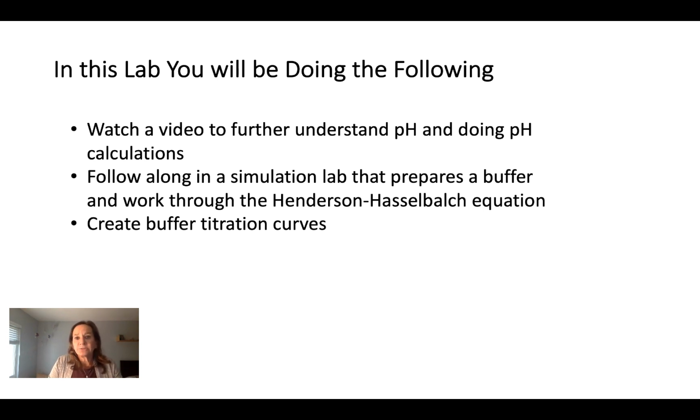In this simulation lab, you'll see me preparing a buffer, and as I prepare the buffer, I will have you stop at certain points to record findings in your worksheet. You'll be working through the Henderson-Hasselbalch equation, and then you will take the data from this titration to create buffer titration curves.